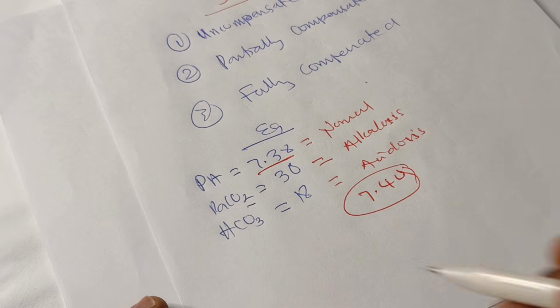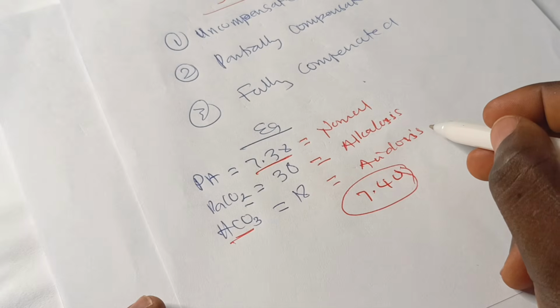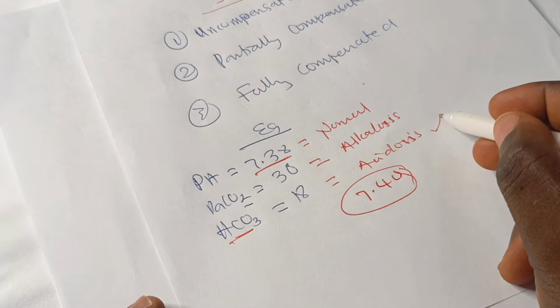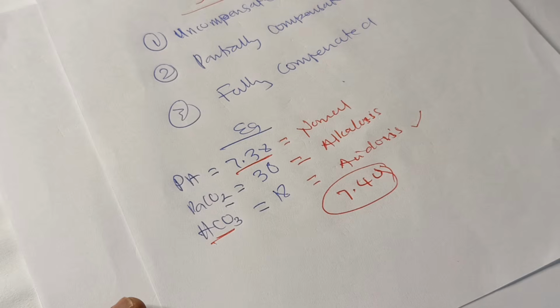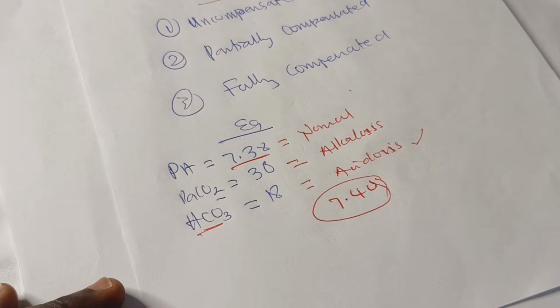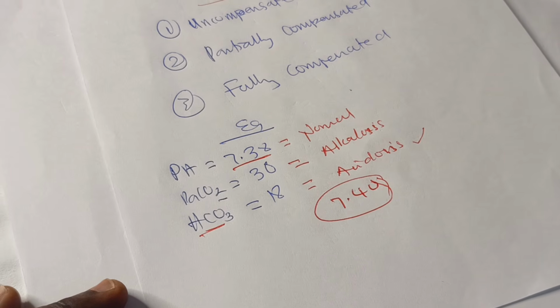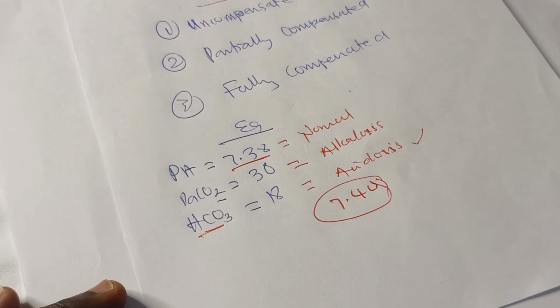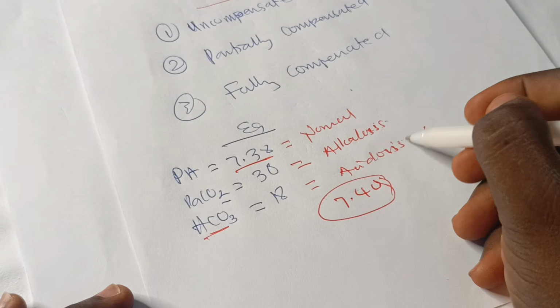Now, the bicarbonate is low, which is what? It will cause acidosis, right? So based on this, we will say that the original problem was metabolic acidosis. You understand? Because the pH is leaning towards acidosis more than alkalosis. Which of these two is also causing acidosis?